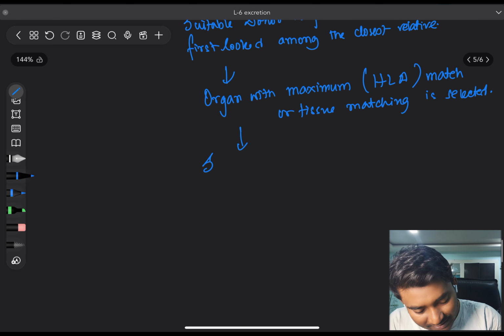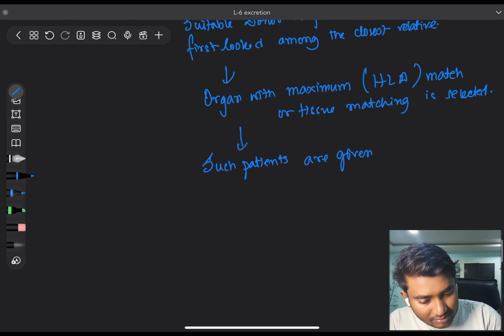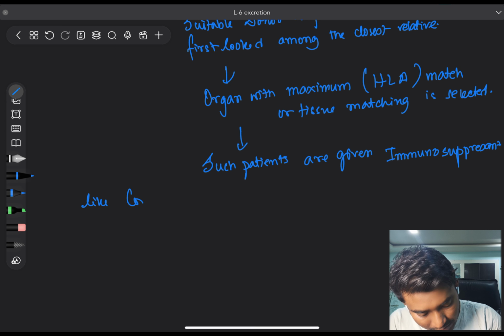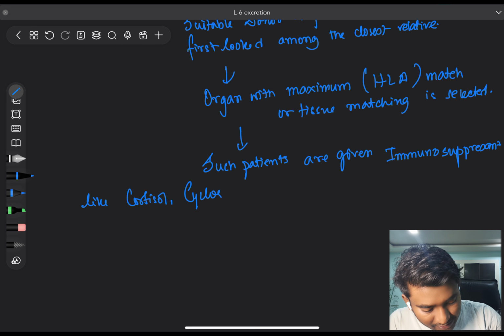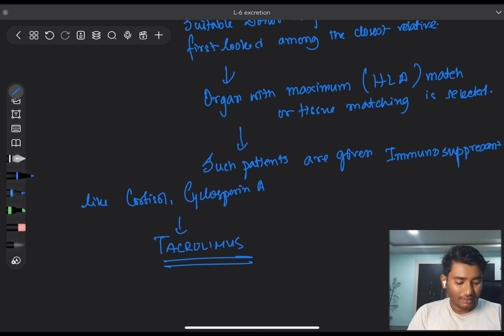Such patients are given immunosuppressants like cortisol and cyclosporin A. Generally, we use tacrolimus as an immunosuppressant for a transplanted patient.